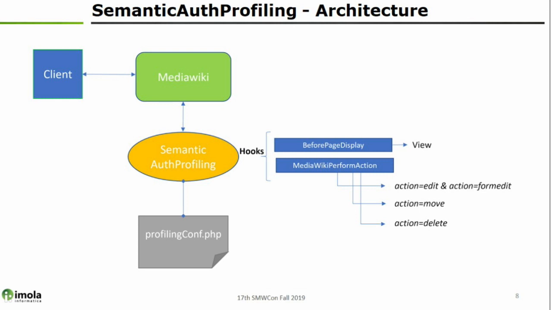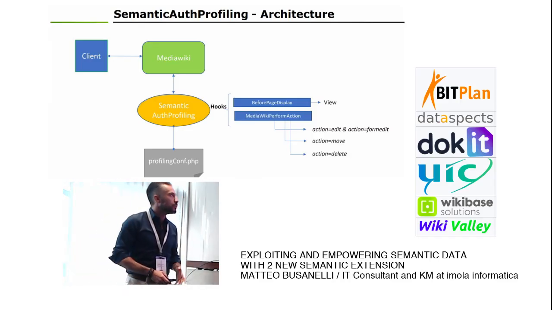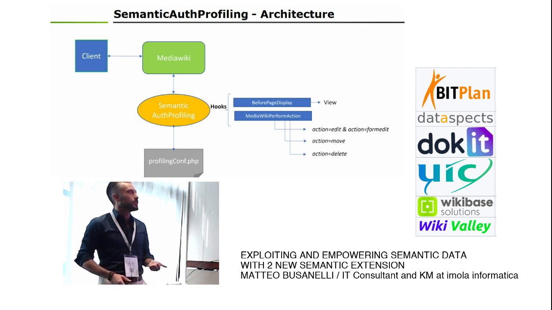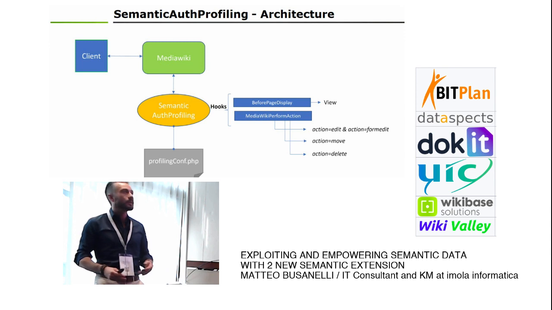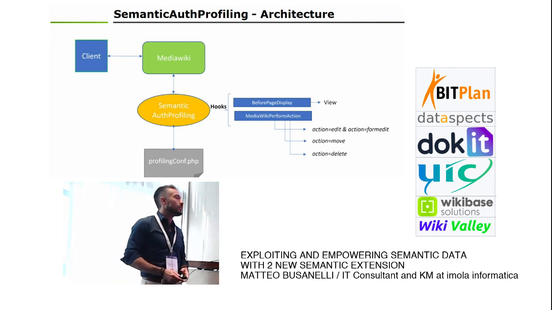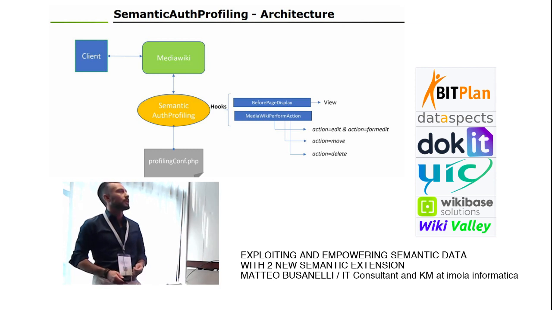The extension mainly uses hooks, so it intercepts all the actions, and using the before page display or MediaWiki perform action, decides, starting from the profiling config that we made in a separate file or in local settings, if you can or not access the page.